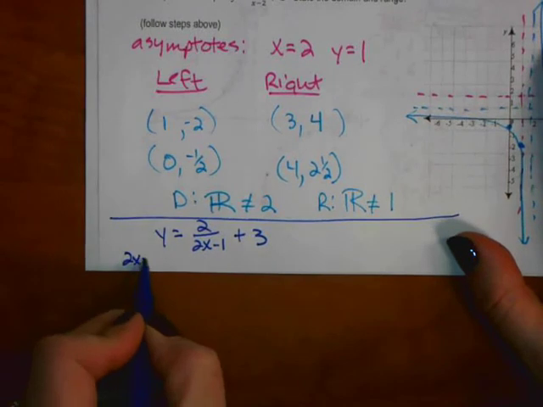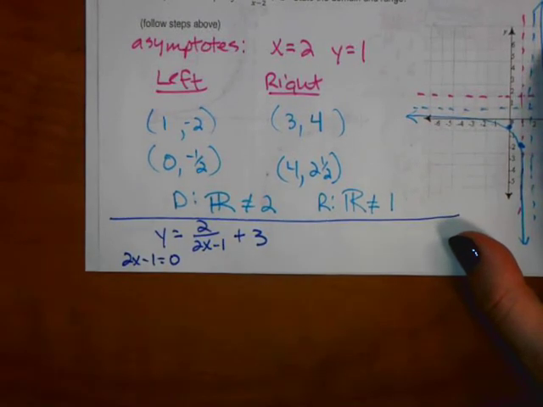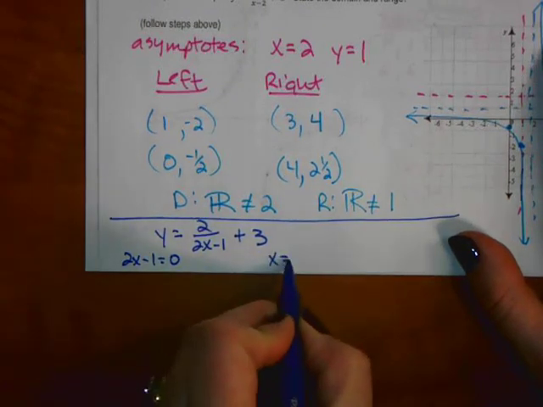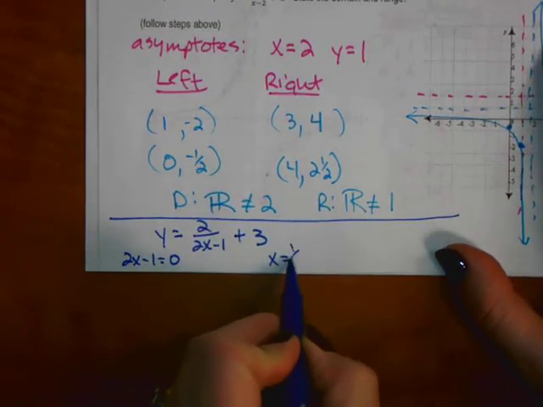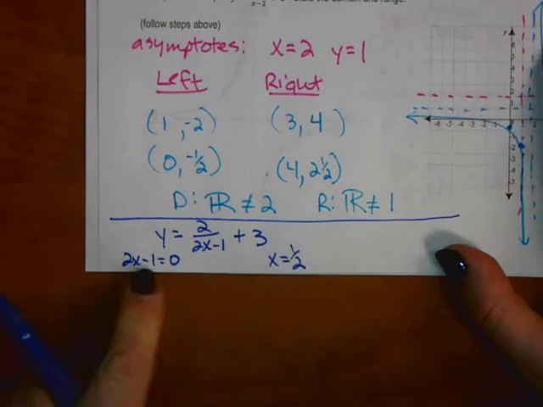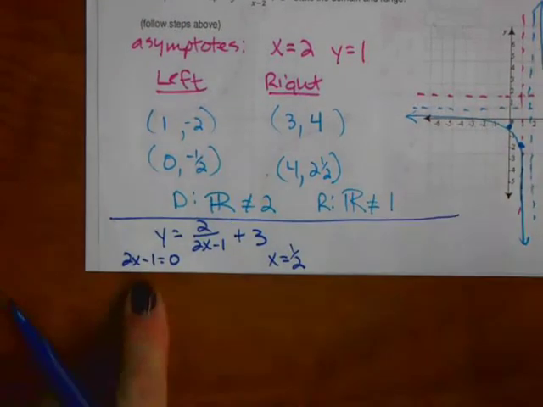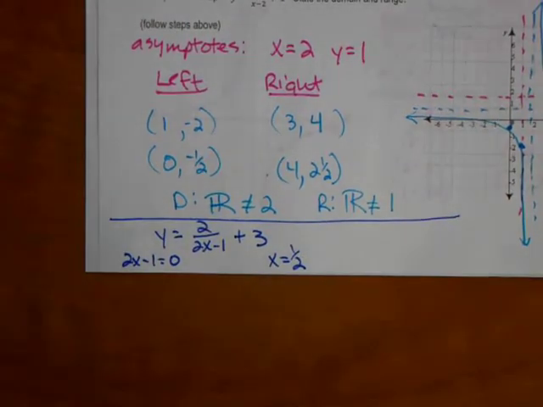So you would just do 2x minus 1 equals 0. Some of you like to do this in your head, and you make mistakes sometimes. So you add 1 to both sides and divide by 2. So what would the vertical asymptote then be? 1/2.